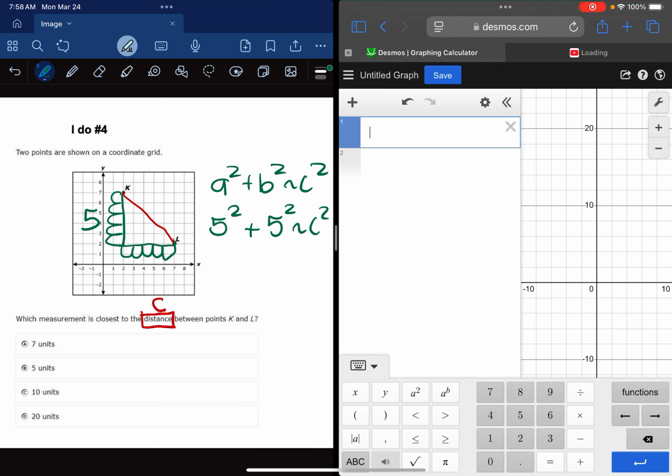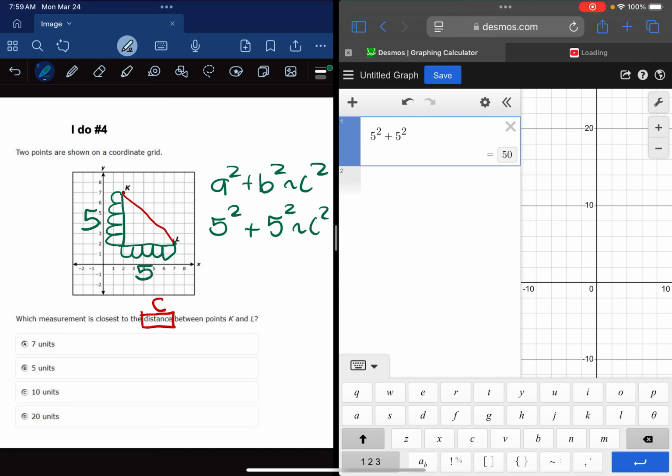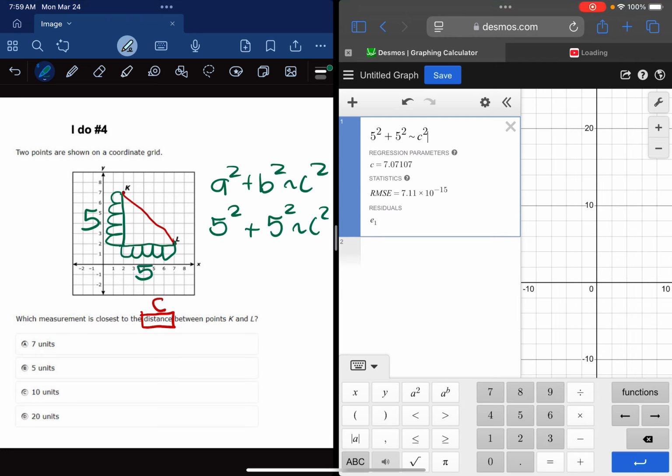So 5 and 5. Now I'm going to put that into decimals using our formula. 5 squared plus 5 squared tilde C squared. That gives me an answer of C equals 7.07, which is closest to 7 units.